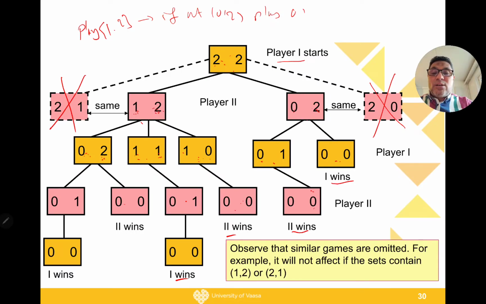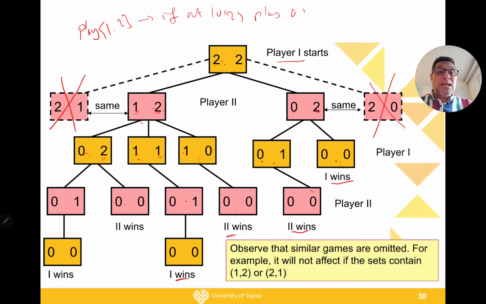If at 0-2 play 0-0, and this is the second strategy. The third strategy, play 0-2. Of course, here we don't say that if at 0-1 or if at 0-0, because there are no options, there are no choices for player 1 to select. So actually player 1 has only 3 strategies to play.